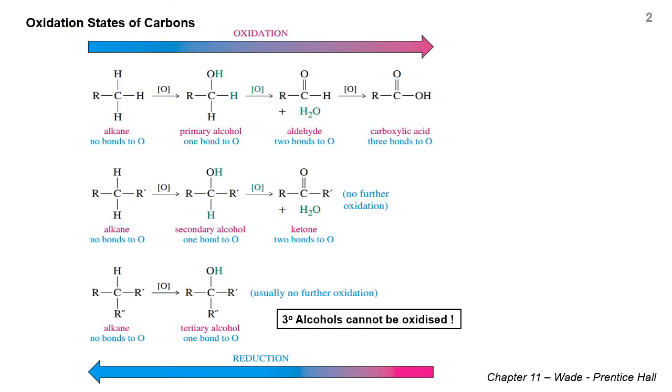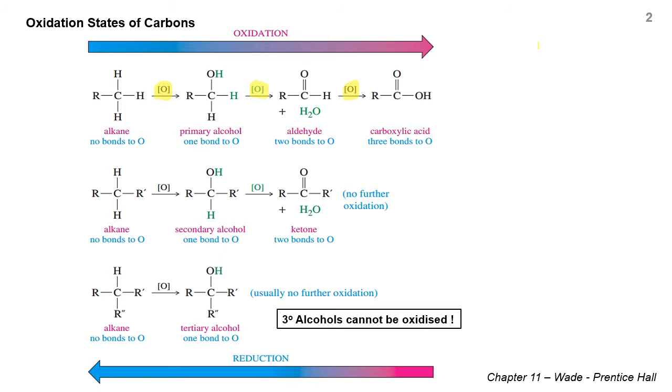If you look at this diagram, starting from an alkane, you need to oxidize one step to become an alcohol, and the primary alcohol can oxidize again to form an aldehyde, and the aldehyde can oxidize again to form carboxylic acid.